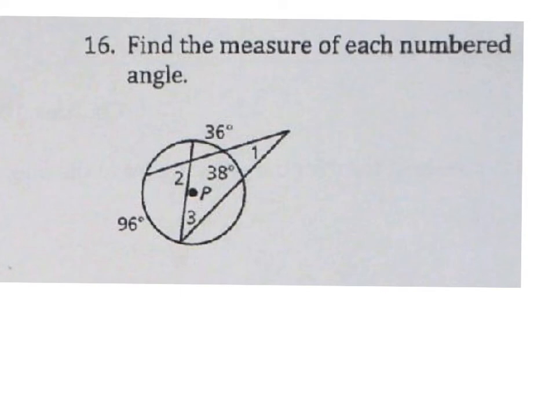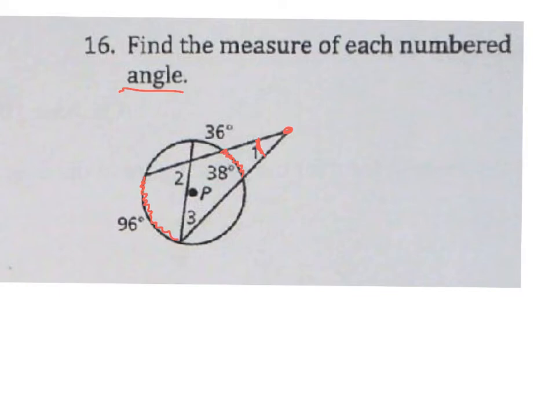For this next example, once again, I'm focused on finding multiple different angles in my circle. So let's start with angle 1. It's an angle outside of my circle, and the two arcs it opens to are 38 on the inside and 96 on the outside.